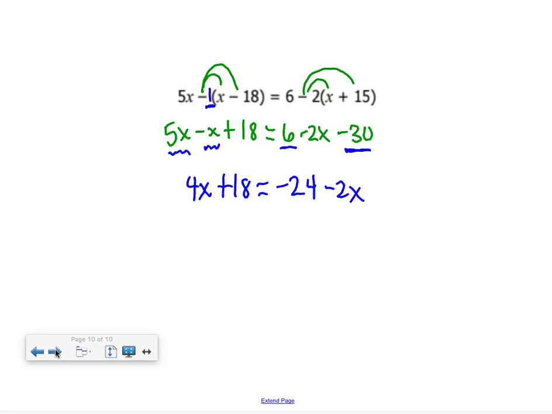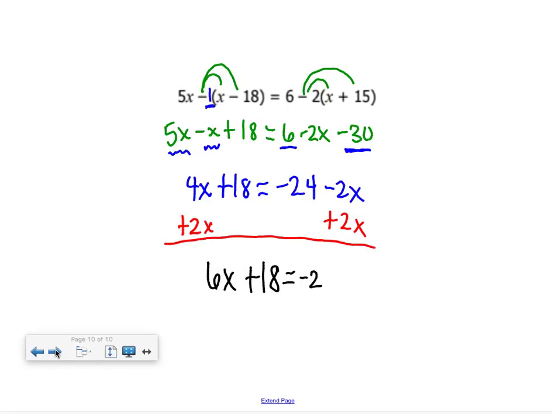Sweet, got that done. Bring over your x's to the same side, so plus 2x, plus 2x. 4x plus 2x is 6x plus 18 minus 24, and then we know those cancel out.